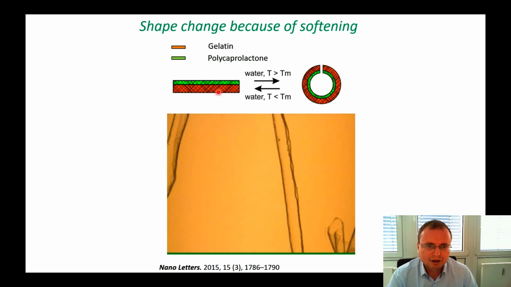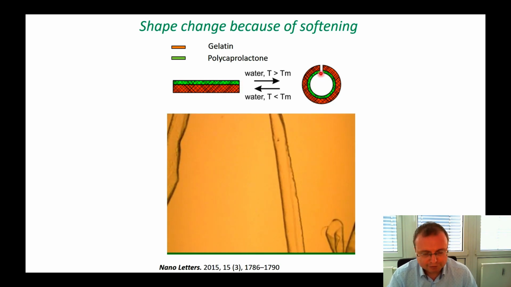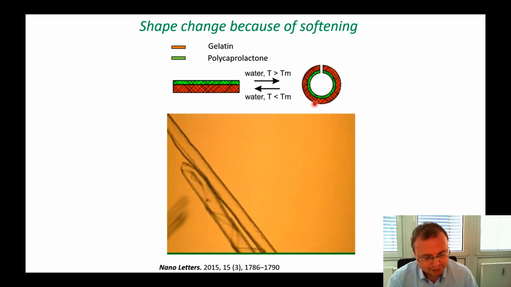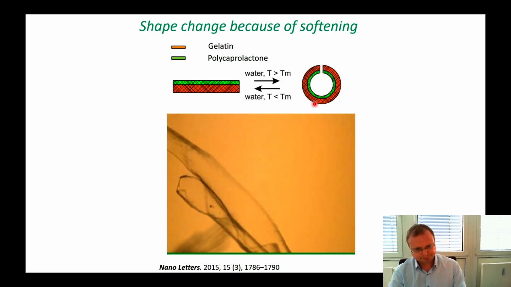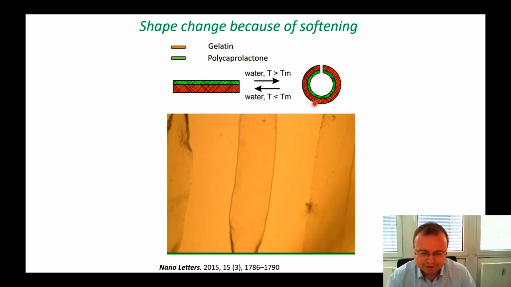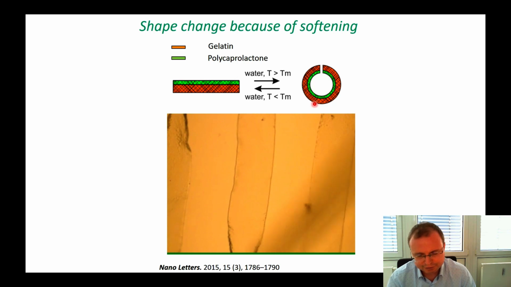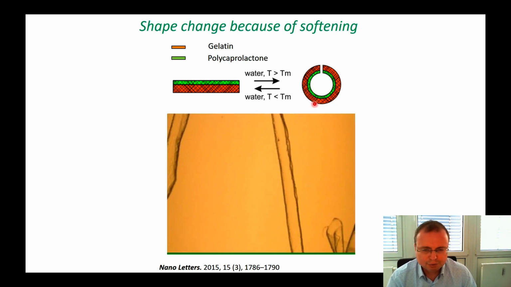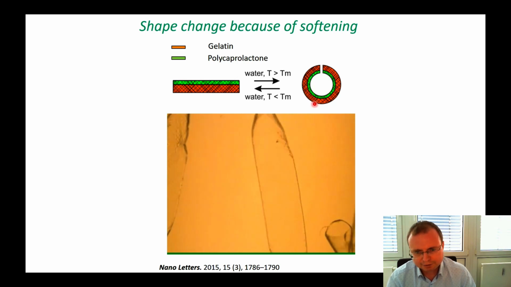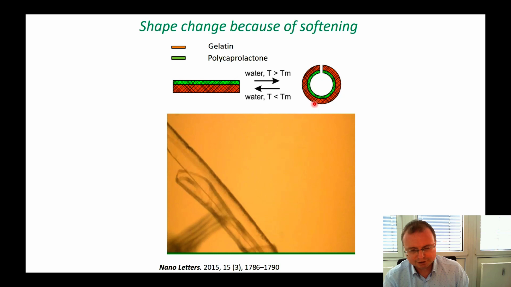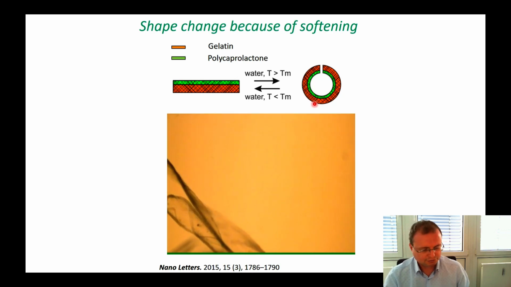As a result, the swollen gelatin is able to deform the soft polycaprolactone, and the bilayer basically rolls and makes a tube. The approach works very nicely. Although we demonstrated this approach on the example of polycaprolactone, which has a relatively high melting point, 65 degrees Celsius, this approach can easily transfer to other polymers which have lower melting points, like for example polycaprolactone polyurethanes, which have melting points around 30 degrees Celsius.